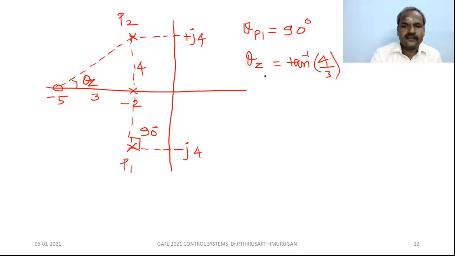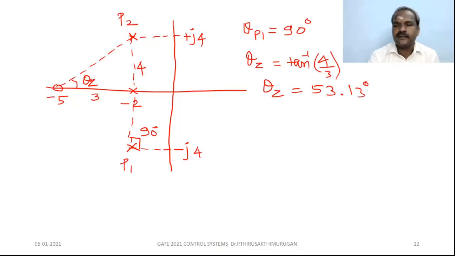Theta Z equal to 53.13 degrees, right? So what is phi? Phi equal to the sum of the angles contributed by the poles minus the sum contributed by the zeros.